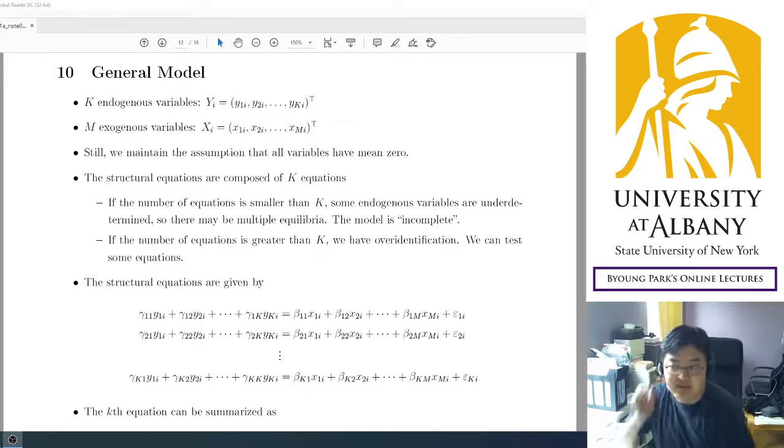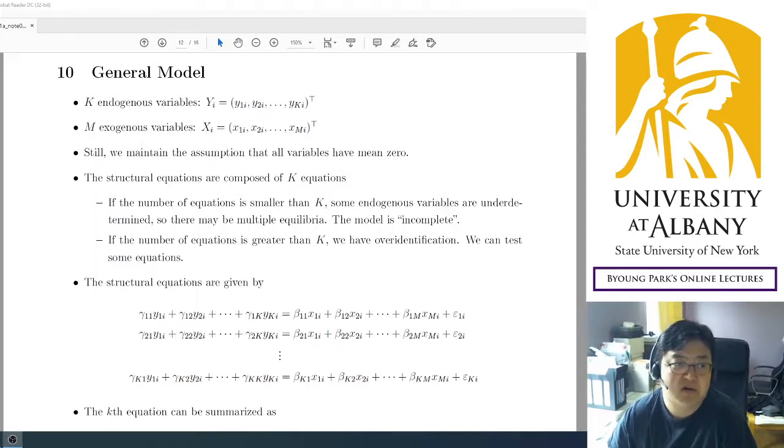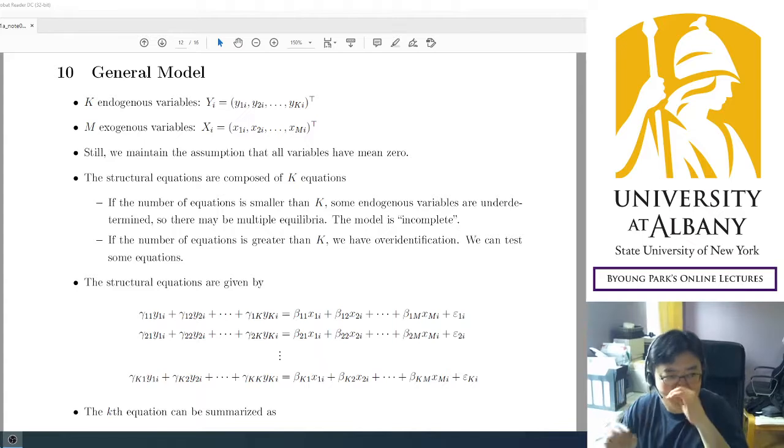Hello. As I said at the end of the last video, we are going to consider the most general simultaneous equations model. Actually, not the most general, but among linear models, this is the most general. So we assume that there are k different endogenous variables.